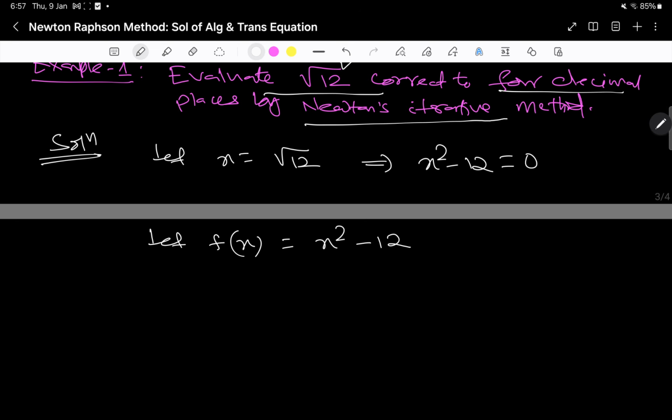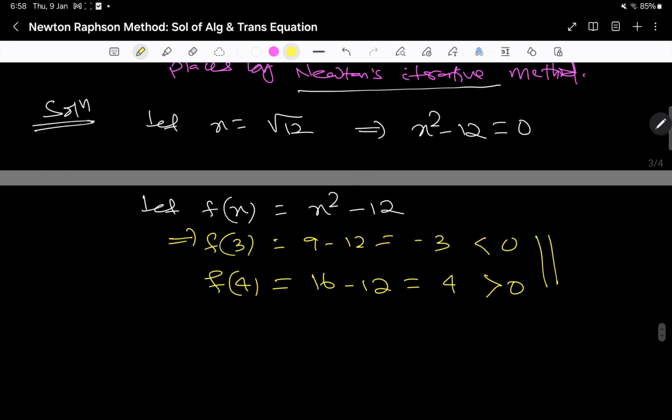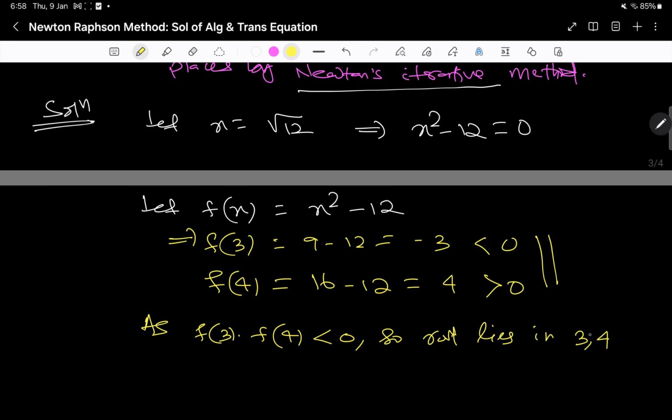So now find the initial approximation. Now what is f of 3? F of 3 is 9 minus 12, which is minus 3, negative. What is f of 4? F of 4 is 16 minus 12, which is 4, which is positive, right? So since I get consecutively negative and positive, as f of 3 into f of 4 is negative, the root lies in (3, 4), right?